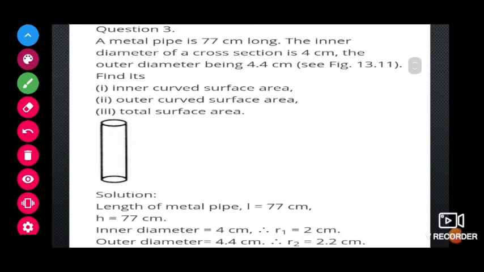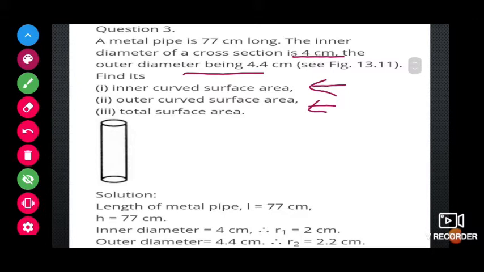Okay. Here, first concentrate on the two things they have given for the radius. For the metal pipe, the inner diameter is 4 centimeter and the outer diameter is 4.4. So we have to take it separately for both cases.